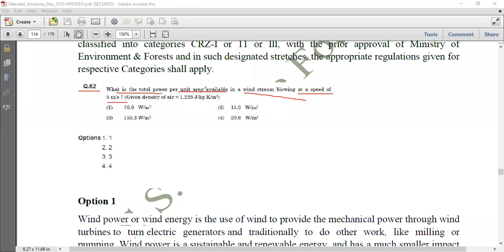So you know that the power in the wind stream is half Cp rho A V cube.